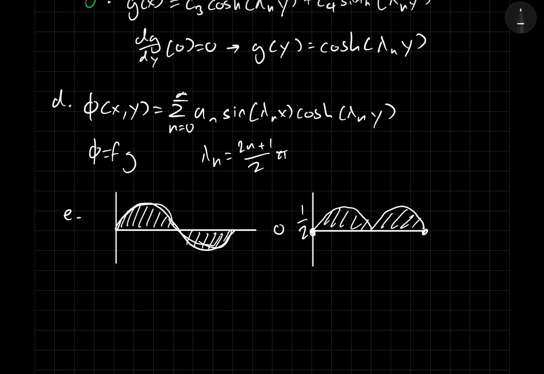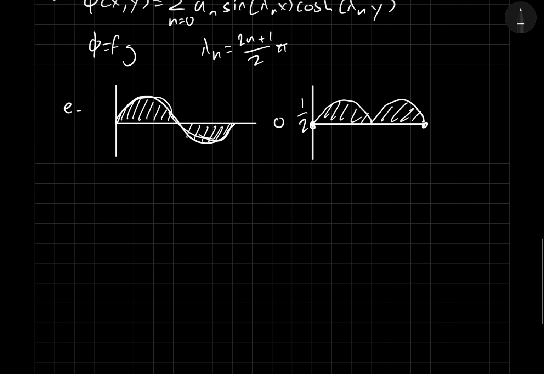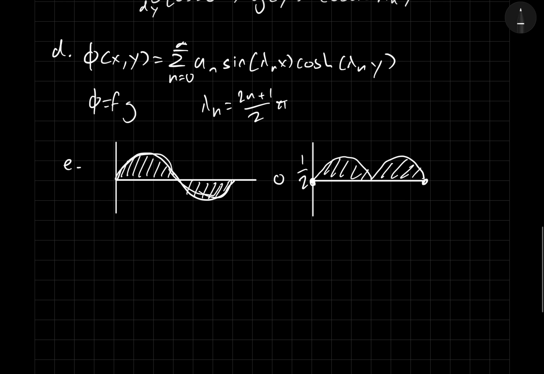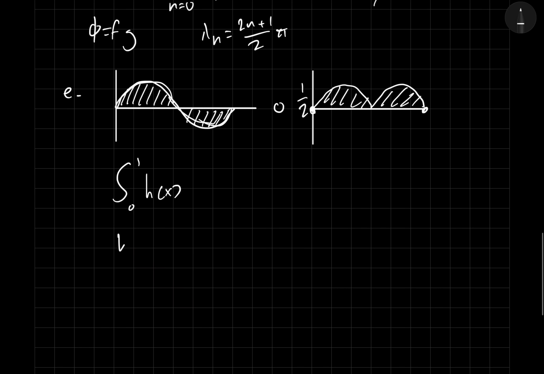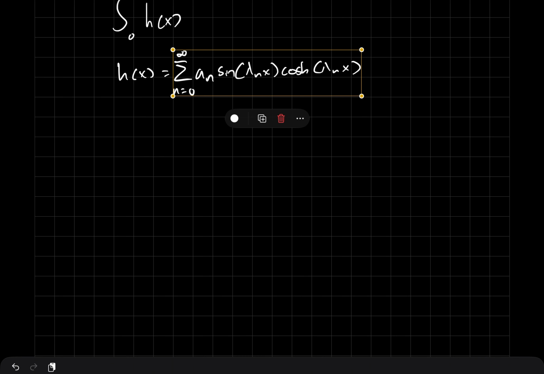So from here, we can say, okay, let's construct an orthogonality condition, meaning let's construct an integral where we put a test case, right? The test case being sine. So let's compare our full function h of x, which is going to be this full thing that we derived before.